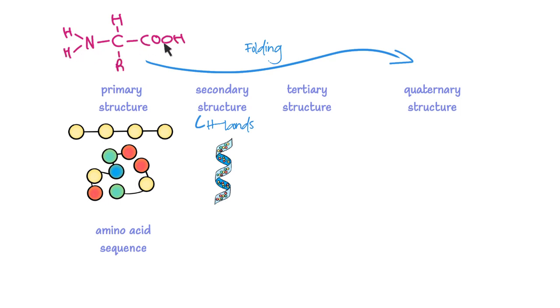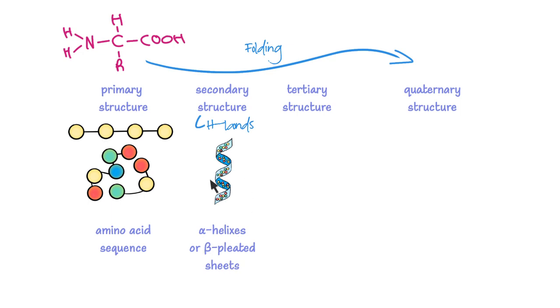And these different groups will interact with each other between the different amino acids in the chain to give rise to this initial folded structure, which we call the secondary structure. The most common sort of shapes that arise out of this initial folding for the secondary structure are called alpha helices and beta pleated sheets. For now, just remember these names.